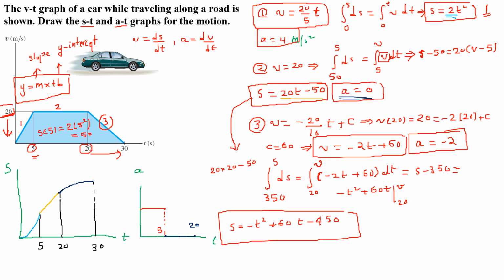The third and the final segment, we got A to be minus 2 meters per second squared. So now I'm going to go a little bit down here, the curve, and that is my acceleration. Okay, constant. We just have some space here.